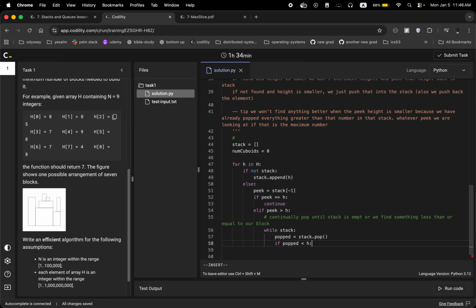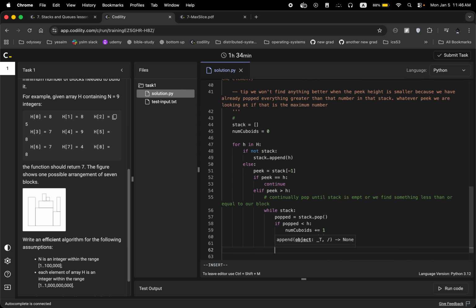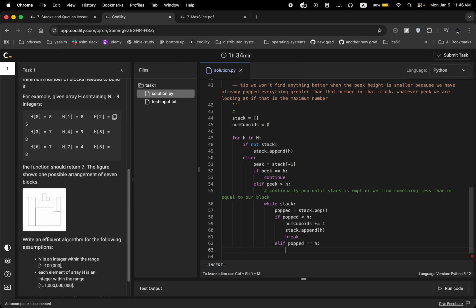We increment the count and we stack.append(h), and then we break. Elif popped equals h, we do not increment the cuboids, and we append the popped back up.